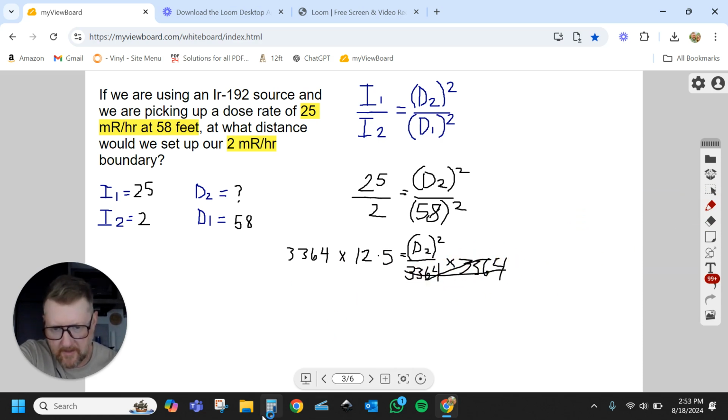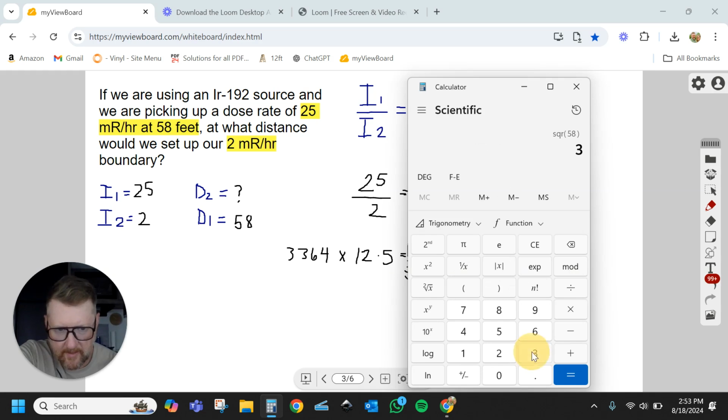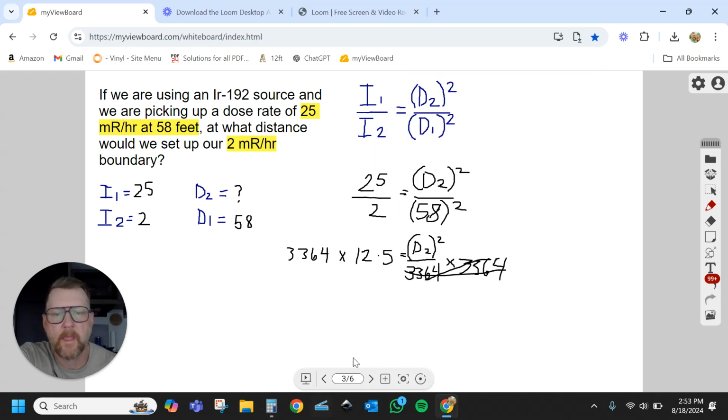This one here is just going to do the calculation. 3364 times 12.5 equals 42,050. So now we've got 42,050 equals, all that's left on this side is D2 squared.